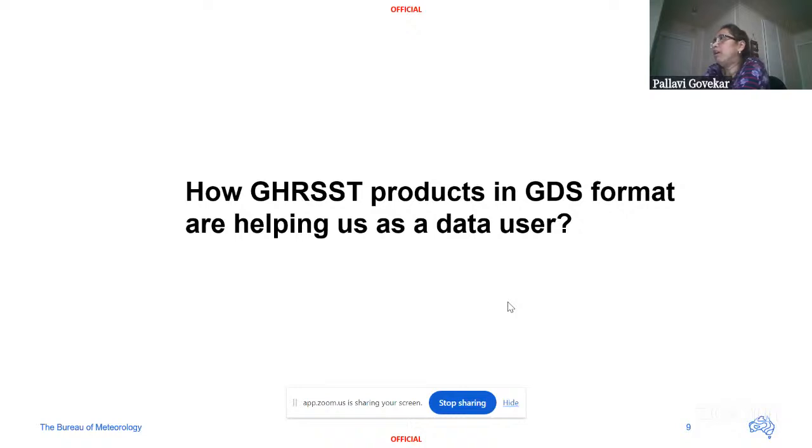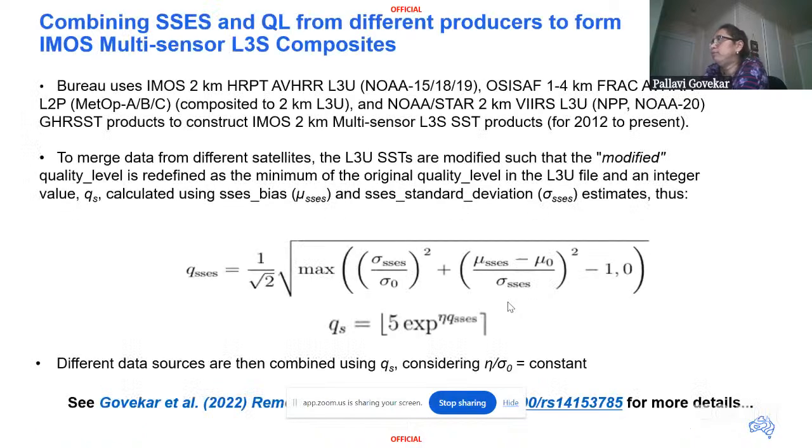So when we use others' products as a data user, how is this GDS format helping us? At the Bureau, with limited resources, we cannot process each satellite from scratch in-house. But our users need gap-free high-resolution L3S products for their different applications.